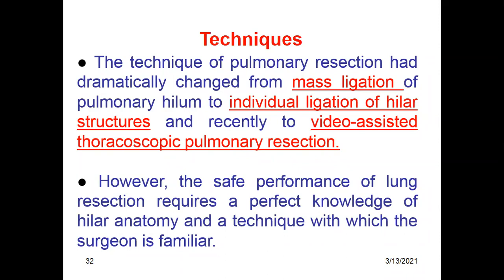It is no more practiced, while the standard technique is the individual ligation of hilar structures, which can be performed either through an open thoracotomy or via thoracoscopy. However, the safe performance of lung resection requires a perfect knowledge of the hilar anatomy and a technique with which the surgeon is familiar.